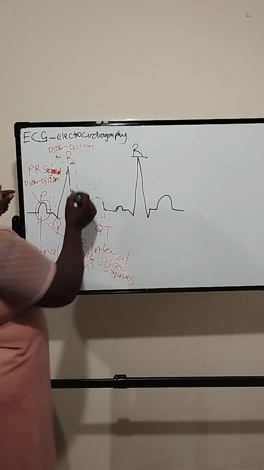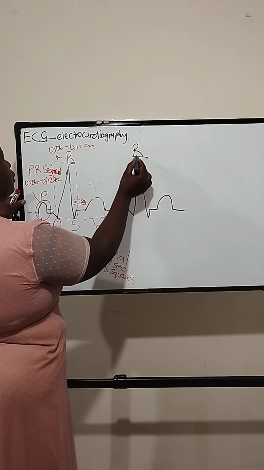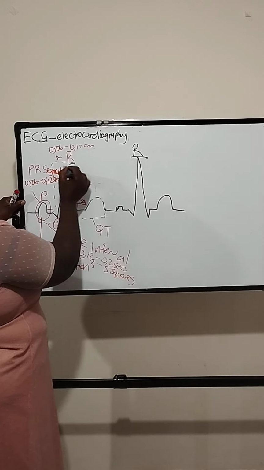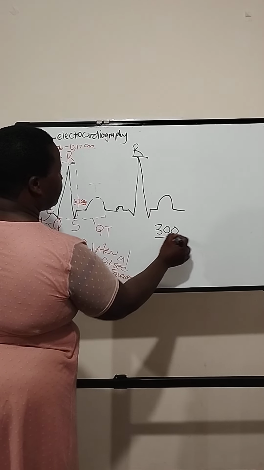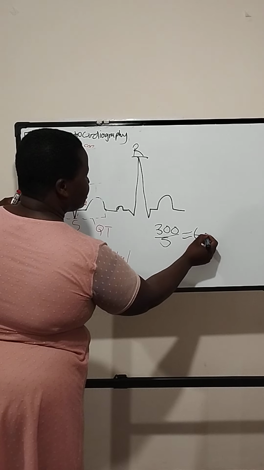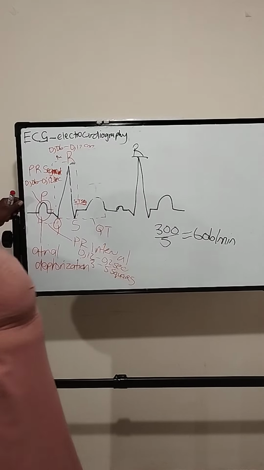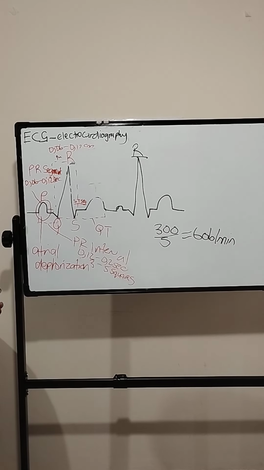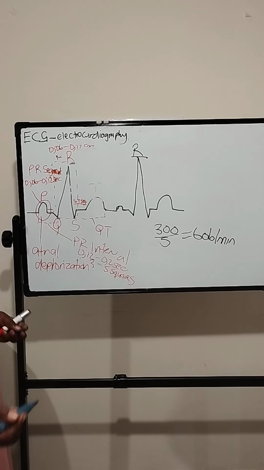For example, let's say I've got 5 large boxes between this R and that R. I'm going to divide 5 into 300, which will show that the heart rate is 60 beats per minute. So that's the other way of calculating heart rate when the rhythm is regular on a patient, using the ECG paper.